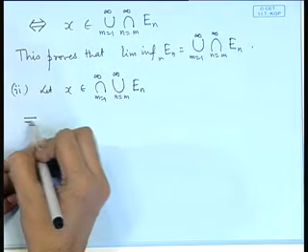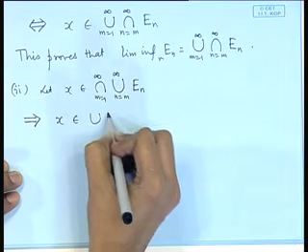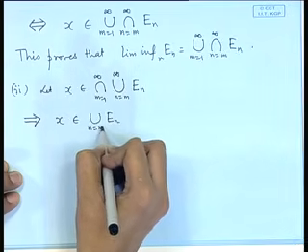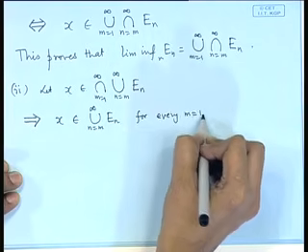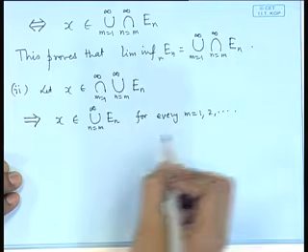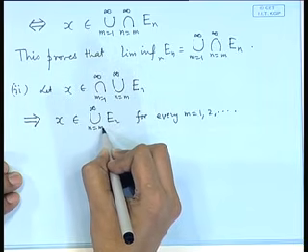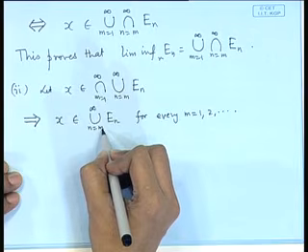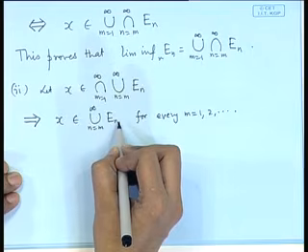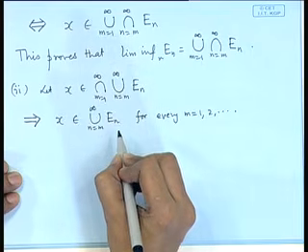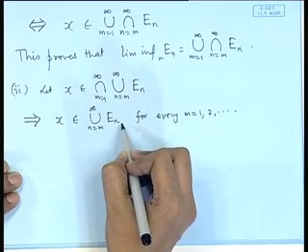Now, this implies that x belongs to union E n, n is equal to m to infinity for every m is equal to 1, 2, etc. Now, if x belongs to the union starting from every m, howsoever large m may be, this definitely implies that x belongs to E n for infinitely many values of n, because if it was belonging for finitely many values only, then after a certain stage x will not belong to the union of E n's.